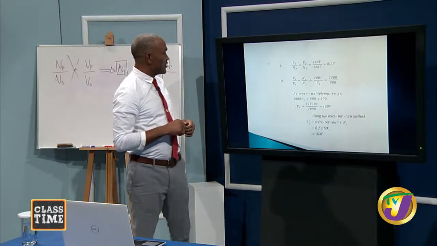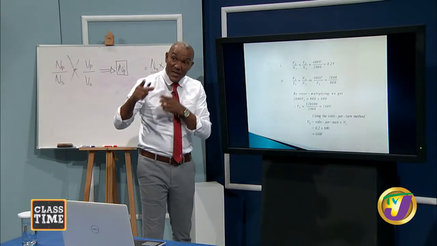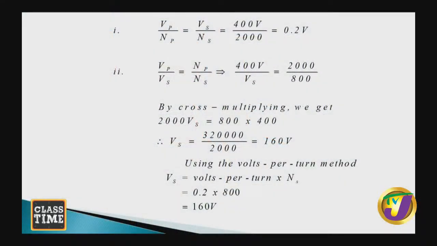Now it says find your secondary voltage, or the voltage that supplies the load. And here's your equation. Remember to set out the formula that is for your primary.